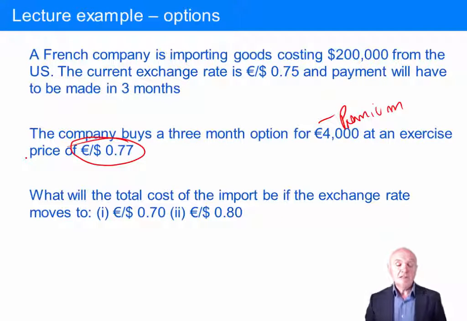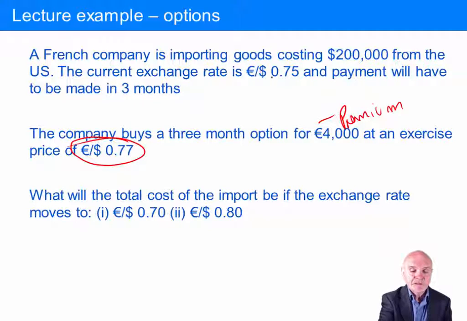And what will this company do under these two circumstances? If we have the spot rate in 3 months' time at either 0.7 or 0.8. So let's just see whether we're multiplying or dividing by this 0.75 here. Basically, this is saying that $1 here is equivalent to 0.75 euros.